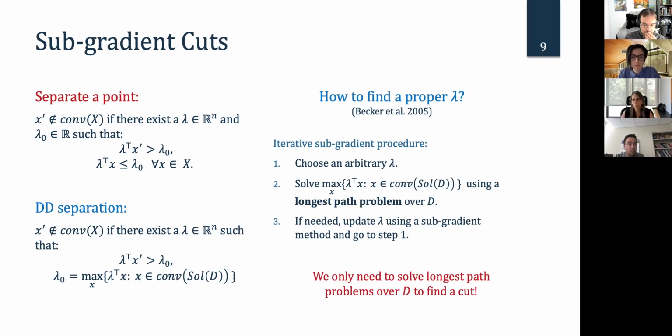So the main takeaway here is that in the end, the only thing that we need to do to find this cut is solve longest path problems over the DD. And this can be done in polynomial time over the size of the decision diagram. So in practice, it's very fast and very efficient.